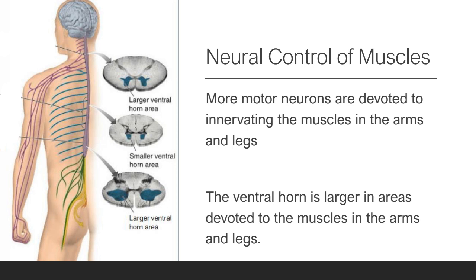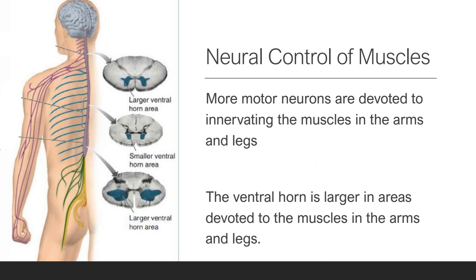So that also means that motor neurons are not evenly distributed throughout the body either. So some parts of our body have more muscle than others. And this also translates over into how much of the spinal cord is dedicated to different body parts.